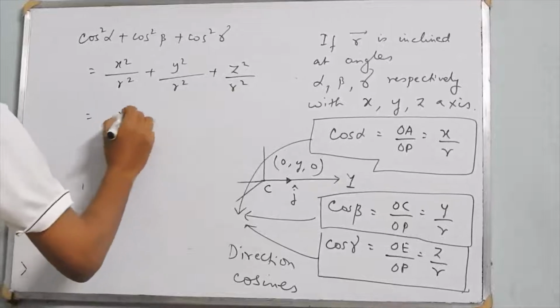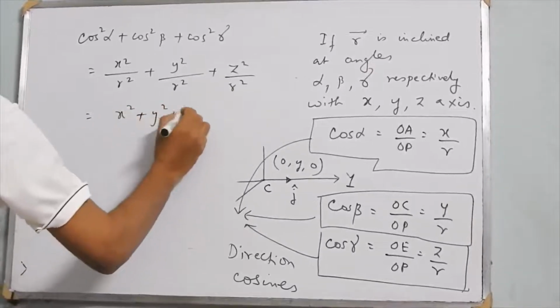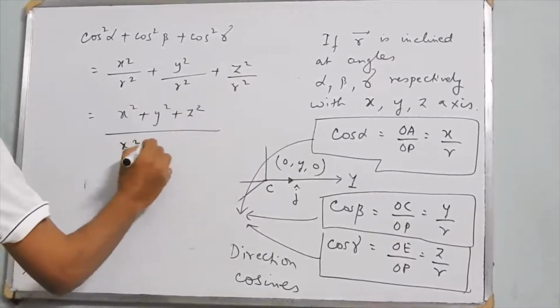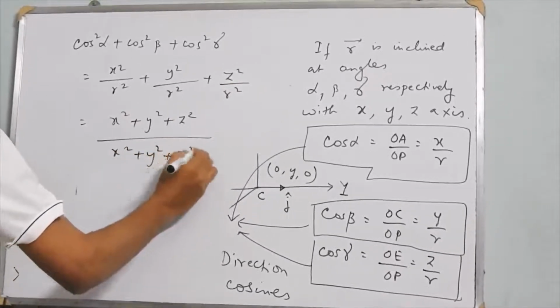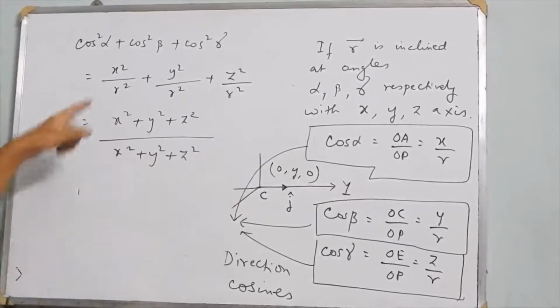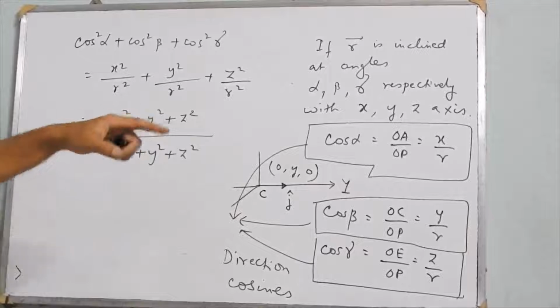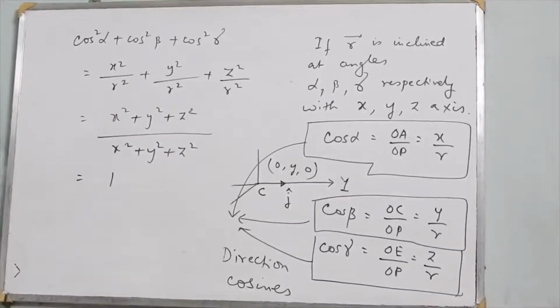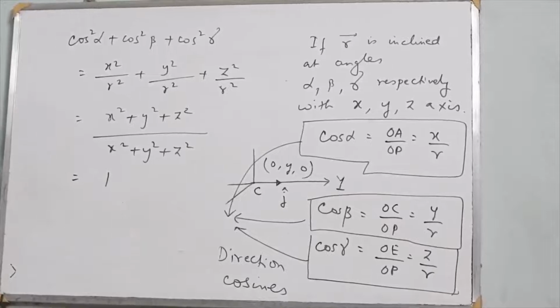That is x square plus y square plus z square by r square, which is obviously 1, because r was square root of x square plus y square plus z square, and if you square it, the square root is eliminated. So the sum of the squares of the direction cosines is 1.